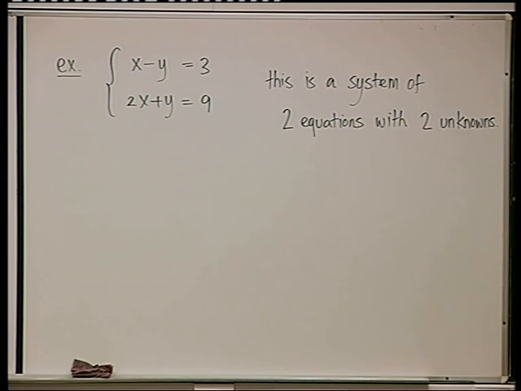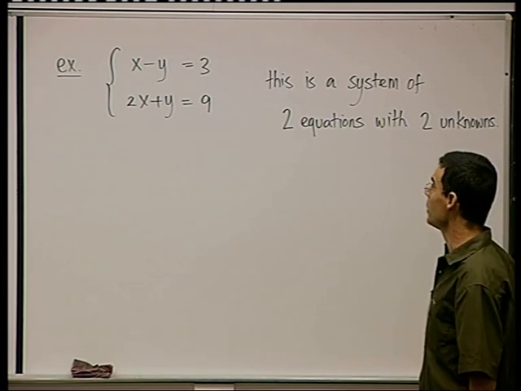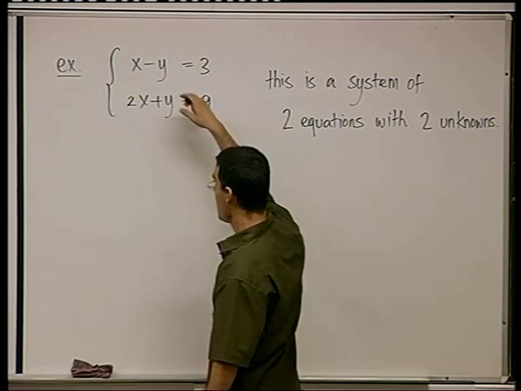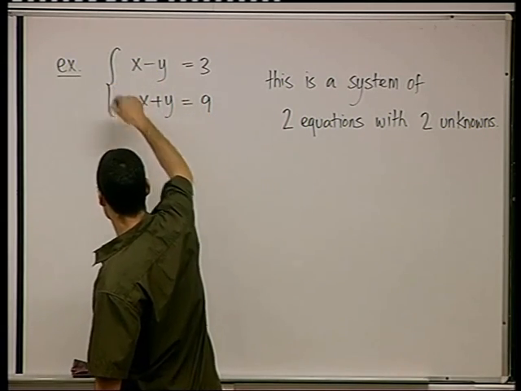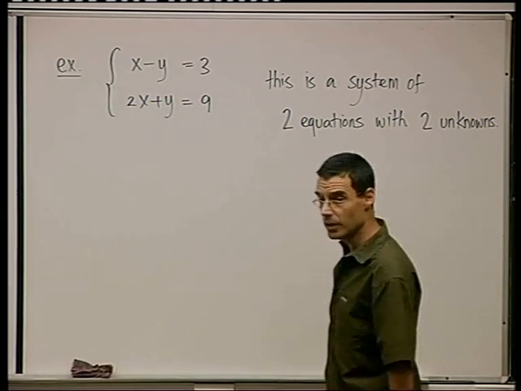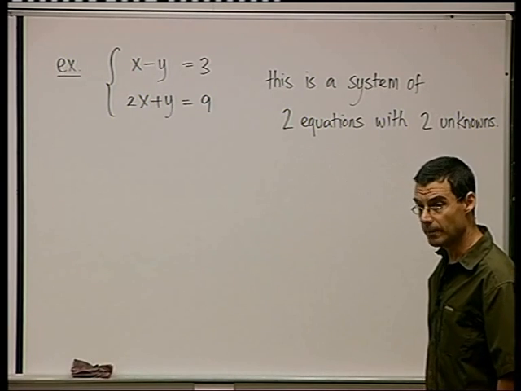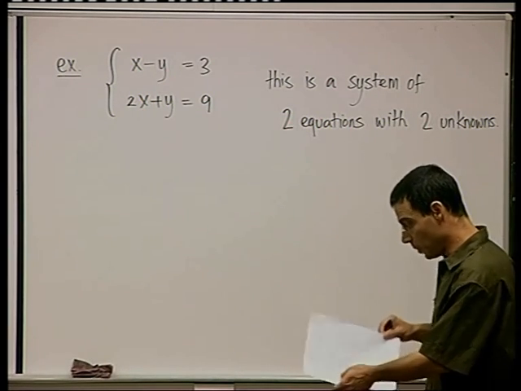The unknowns are x and y, and you can see that there are two linear equations, and the way to denote it is this squiggly bracket on the left. So this is a system of two equations.